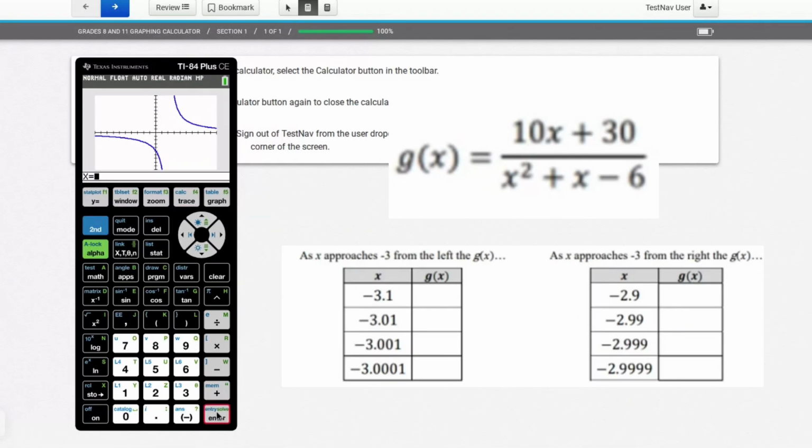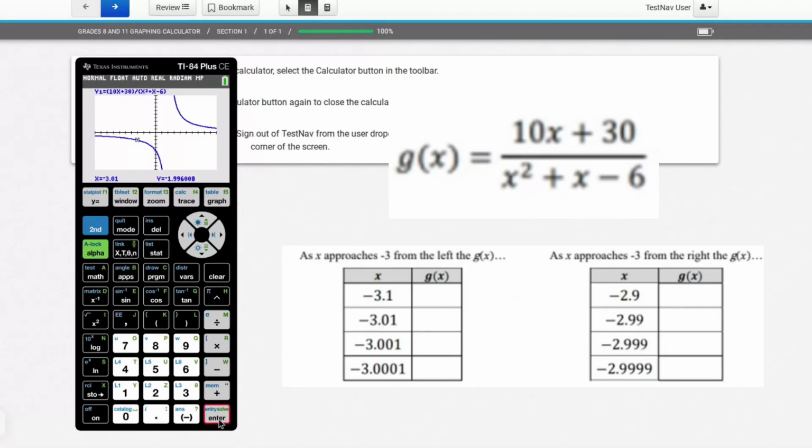Calc value, -3.1, enter, is going to give us -1.961. Let's see what happens when I do second calc value. Let's type out -3.01.